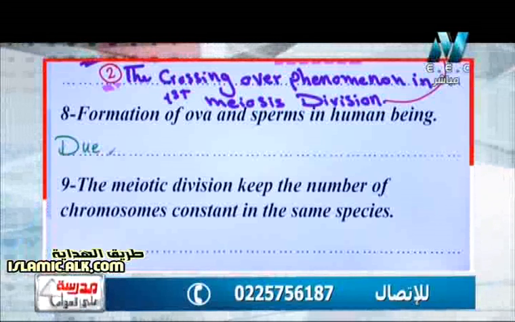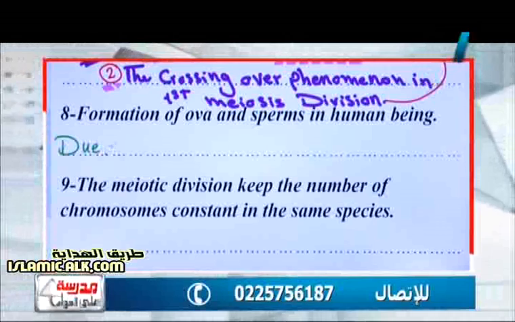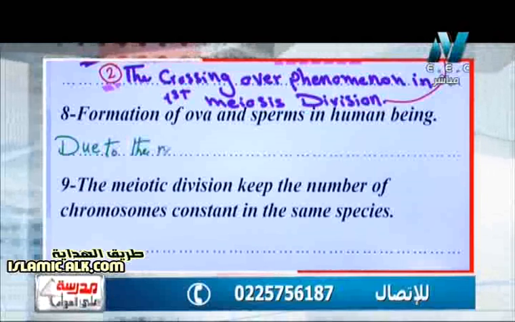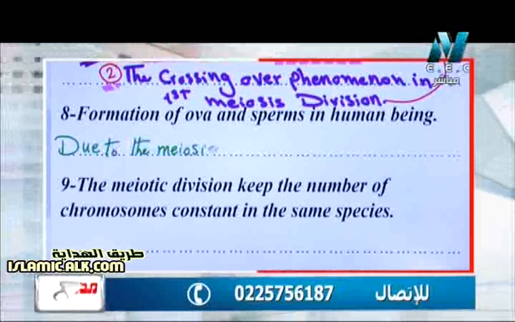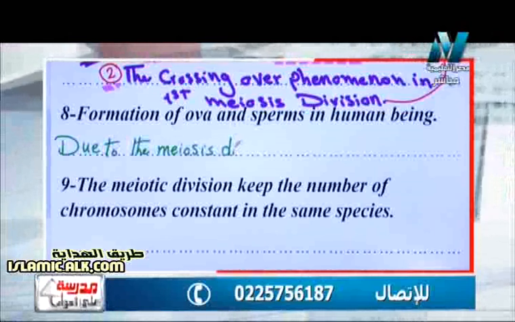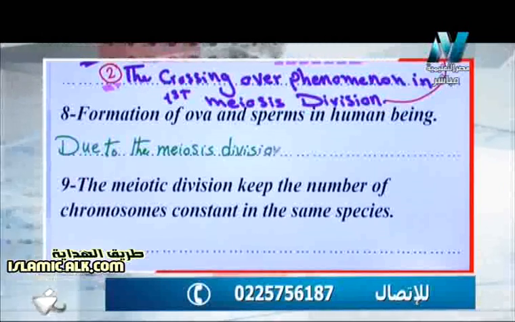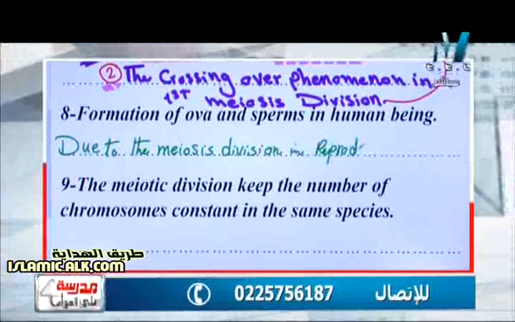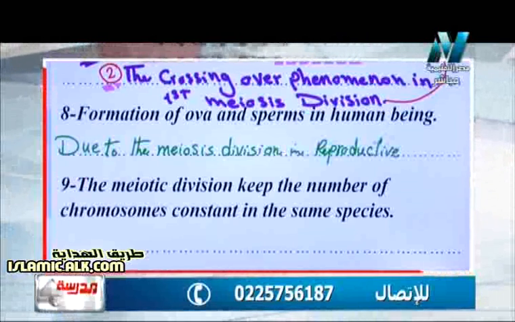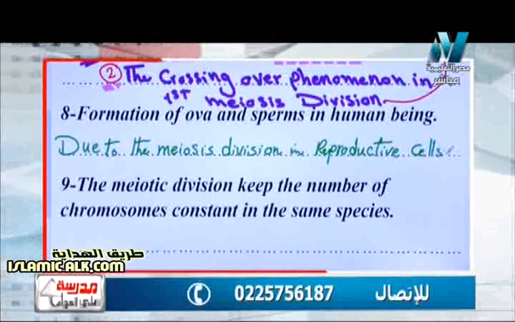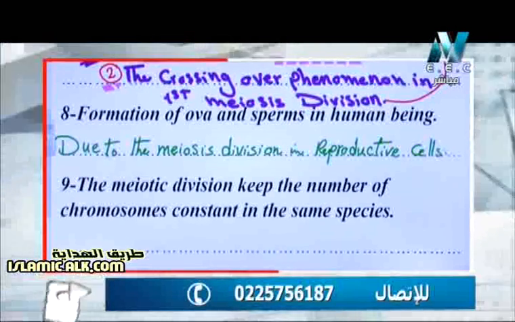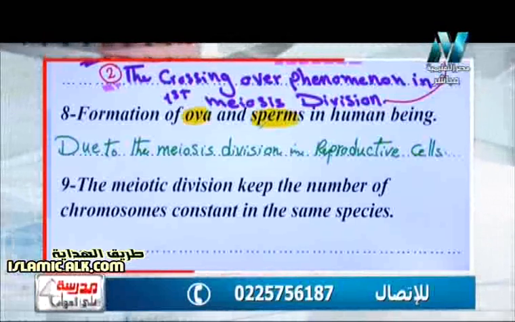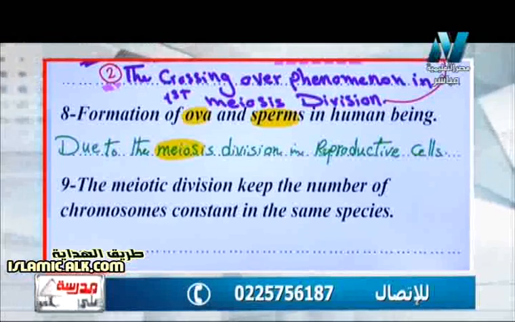Ova او الاوفيوم and the sperms in human being due to the meiosis division in reproductive cells. In reproductive cells, and we know reproductive cells in reproductive organs in male and female, they form ova and sperms, and both by meiosis division in the reproductive cells.